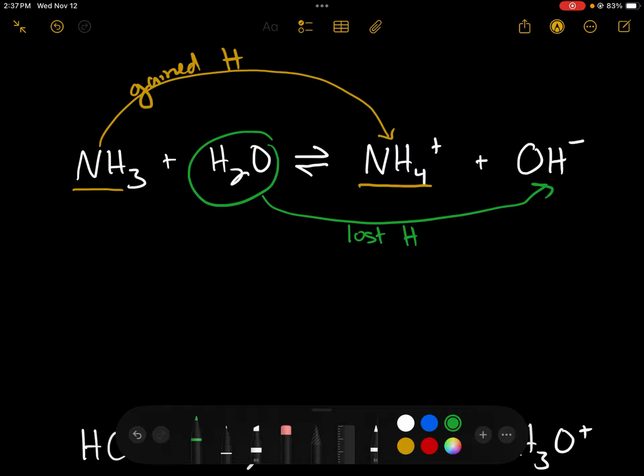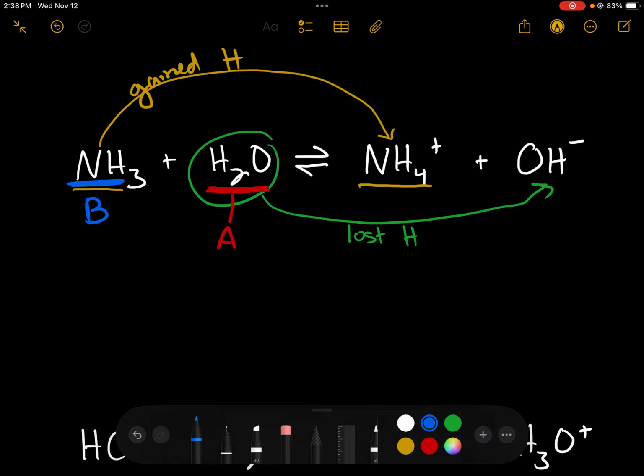Knowing that information, we can predict which thing is which, because we know that Bronsted-Lowry acids donate a hydrogen. Therefore, since my water lost a hydrogen, that's my acid. I know that Bronsted-Lowry bases accept a hydrogen, and since NH3 gained a hydrogen over the course of my reaction, that is my base.